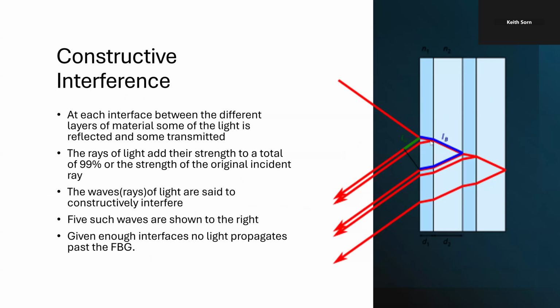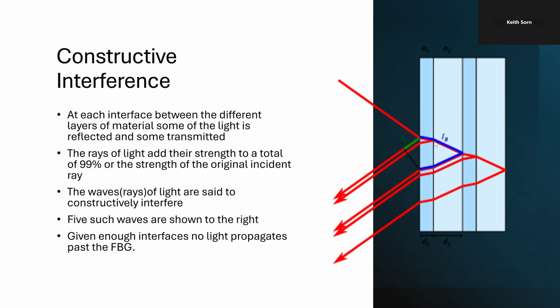And what we do is we carefully choose the geometry of these layers so that the reflected light adds up. We would say that the electric fields add. A little bit less precisely, we can say the intensity of light adds. So all five of these beams add their intensity.